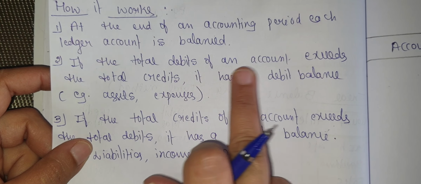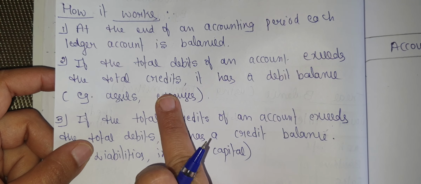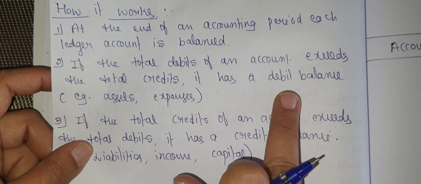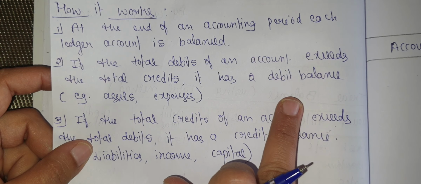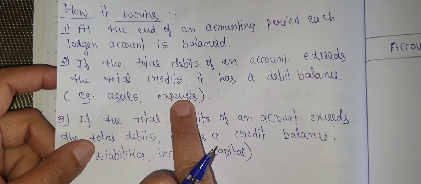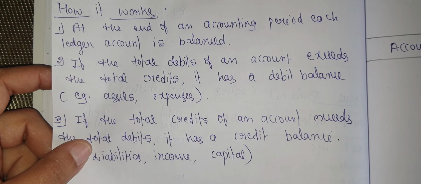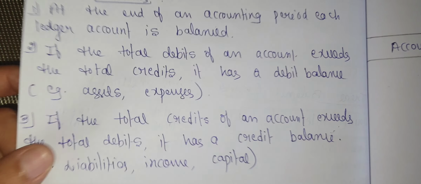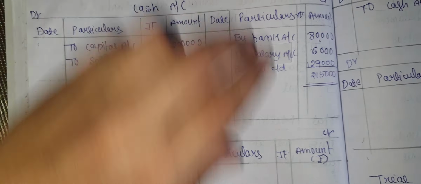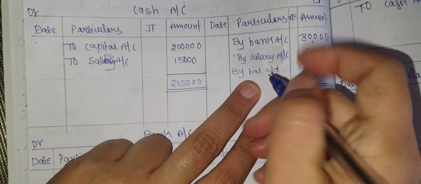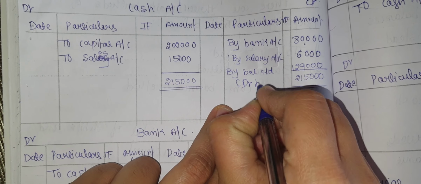If the debits of an account exceed the total credits, it has a debit balance. Here assets and expenses will come. The cash account is an asset. Clear? So we have to consider this balance carried on as a debit balance.